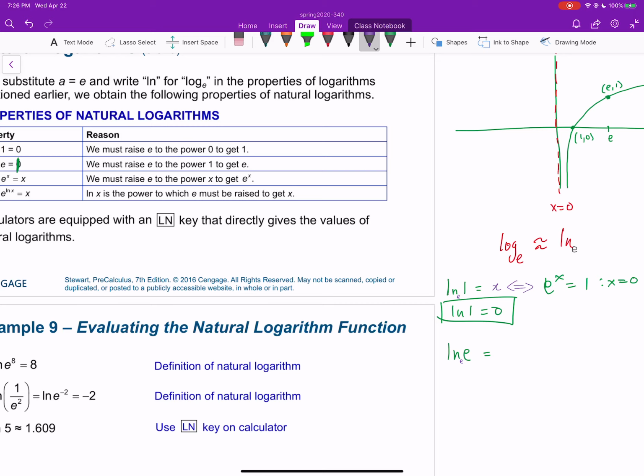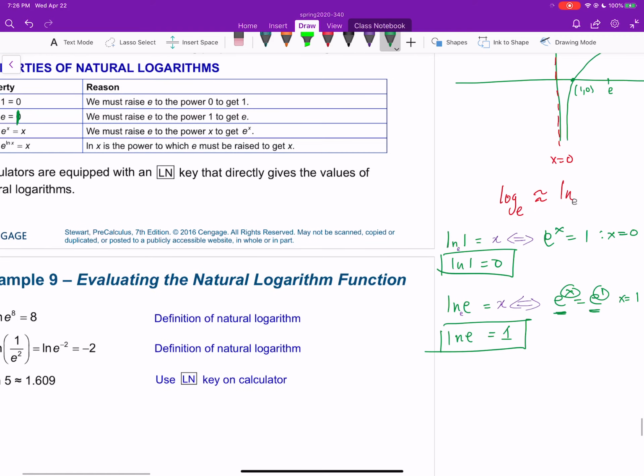Knowing that every log returns back to us an exponent, that becomes e to the x is equal to e. Well, we got the same base. The powers must be the same, so x is what? X is 1. So we are saying that ln of e is always equal to 1. That is another fact that you can always refer to.